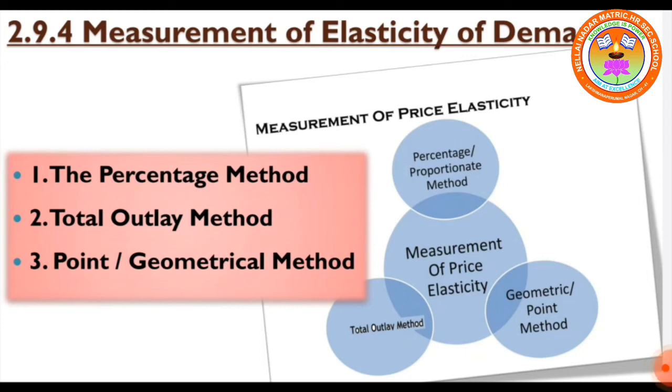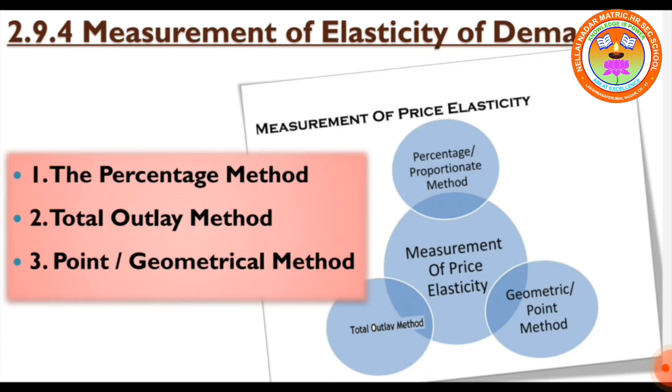The next one is measurement of elasticity of demand. How to measure the elasticity of demand? Here three important ways are given: the percentage method, the second one is the total outlay method, and the third one is the point or geometrical method.